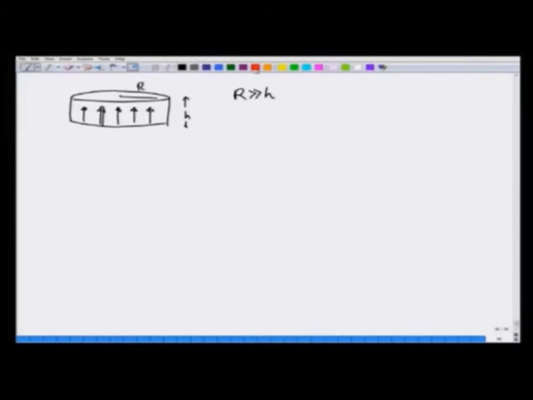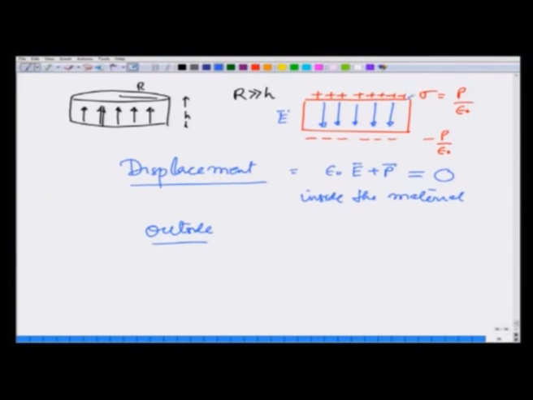In this case, we showed that this was equivalent to a cylinder with positive charges on top, with sigma equals P over epsilon 0, negative charges on the bottom, with charge being minus P upon epsilon 0, and the electric field therefore is in this direction. This is E. If we neglect fringe effects on the side, E outside anyway is 0, P is 0, so displacement D will also be 0.